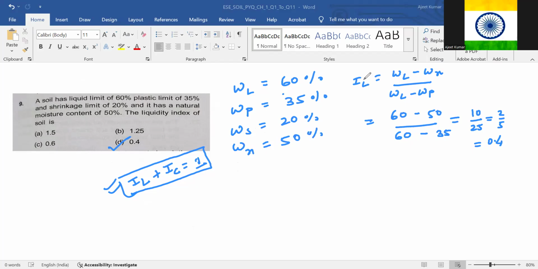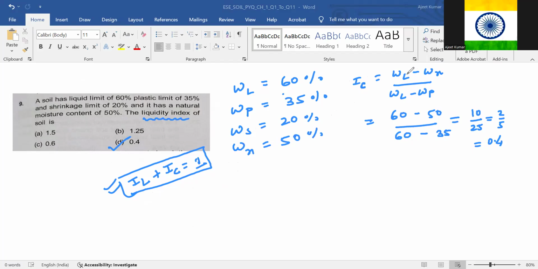Actually, this is not the liquidity index. Whatever I have calculated is the consistency index, and he is asking about the liquidity index. I am very, very sorry for this. So this is the consistency index.